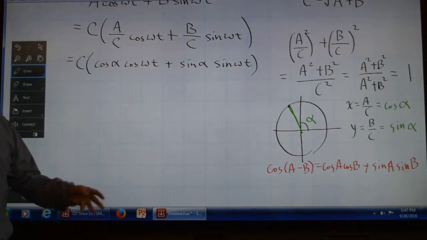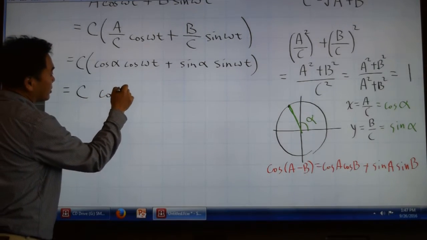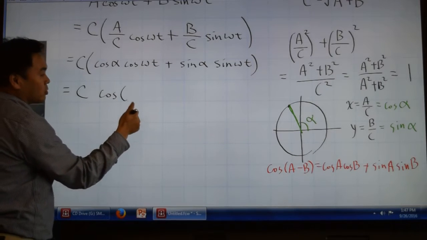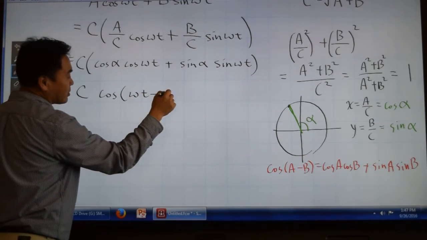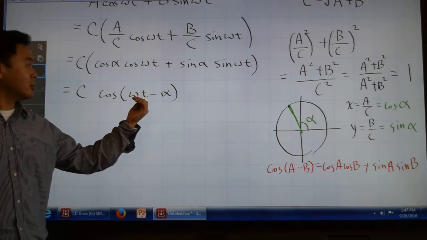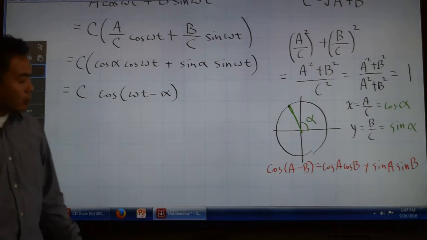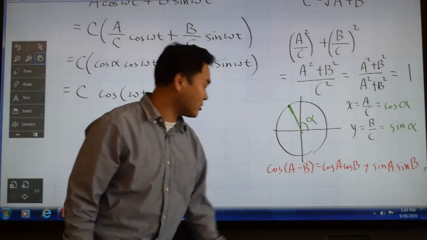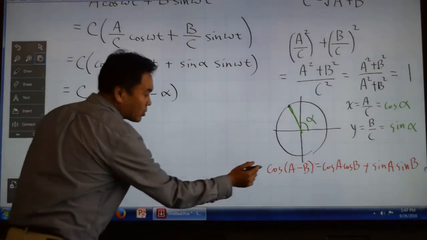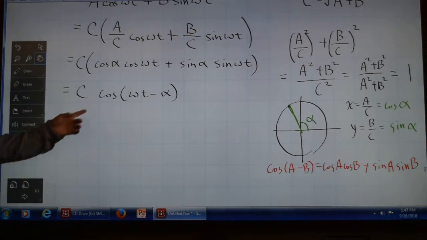So I can just say c times cosine of alpha minus omega t, or omega t minus alpha, it doesn't matter, because these cosines can switch places. In fact, cosine of A minus B is the same as cosine of B minus A. So I have this.